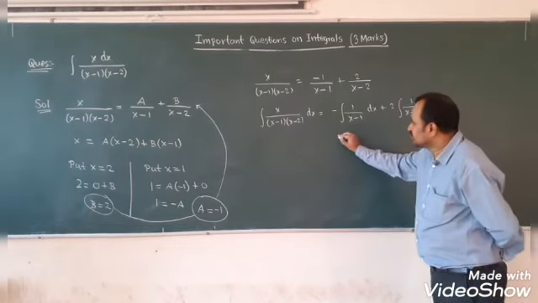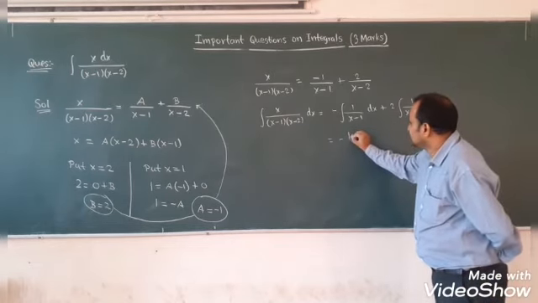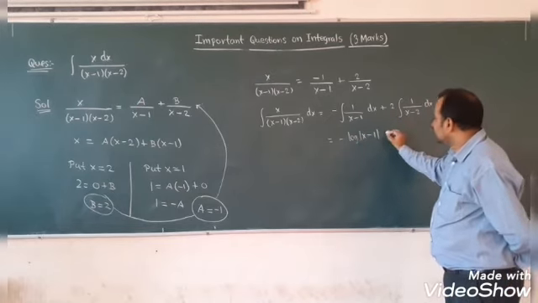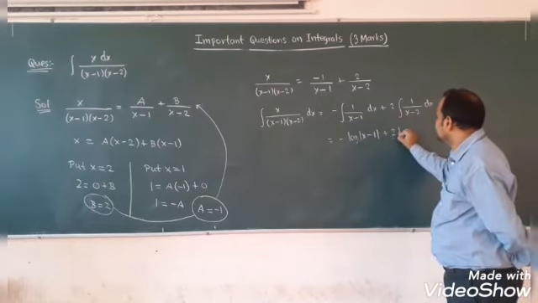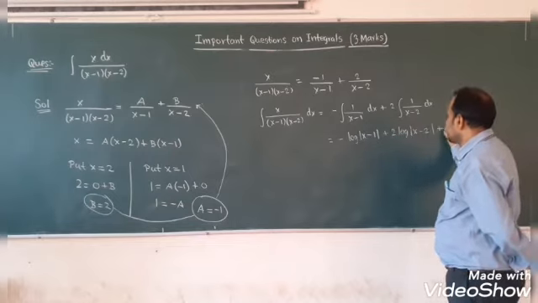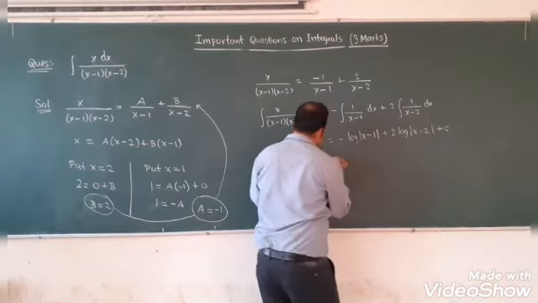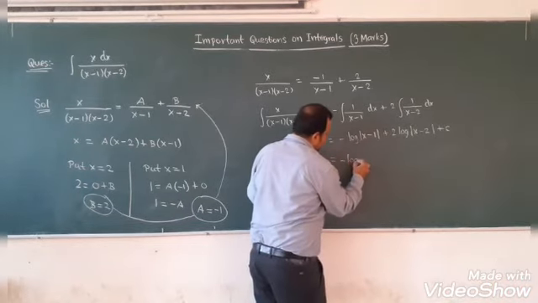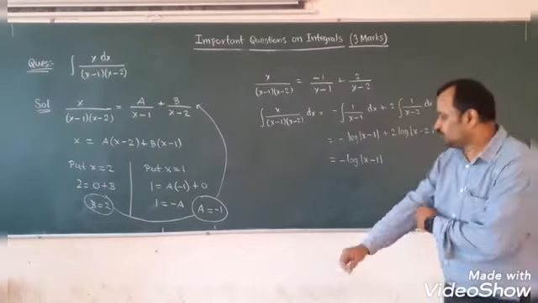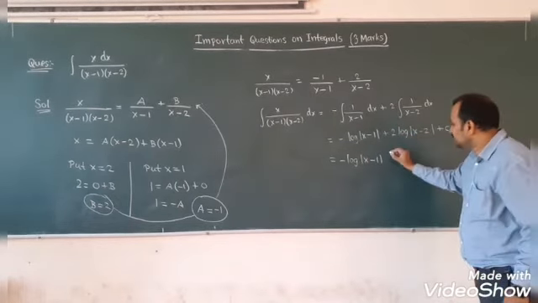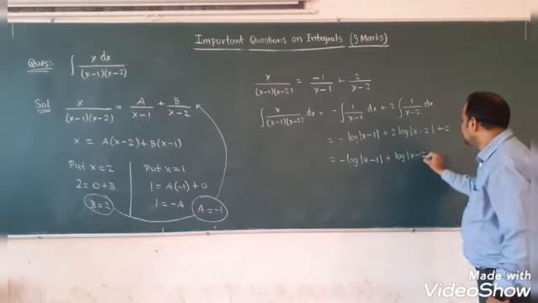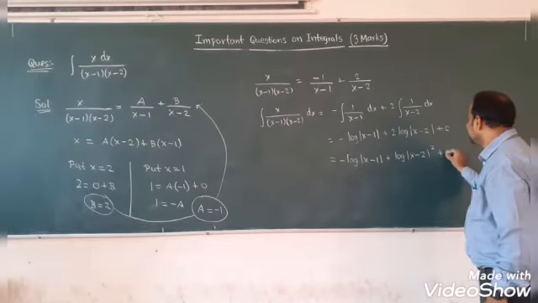The integral of this is log of mod of x minus 1, and again the integral of 1 by x minus 2 is log of mod of x minus 2. Now this we can write as minus log of mod x minus 1, by property of log 2 will go up, plus log of (x minus 2) square plus c.